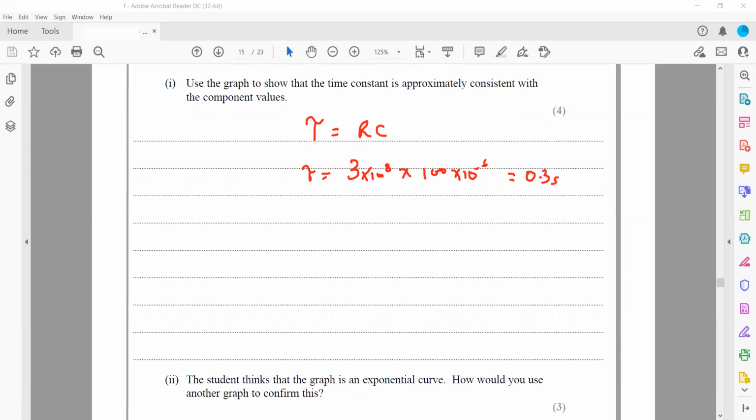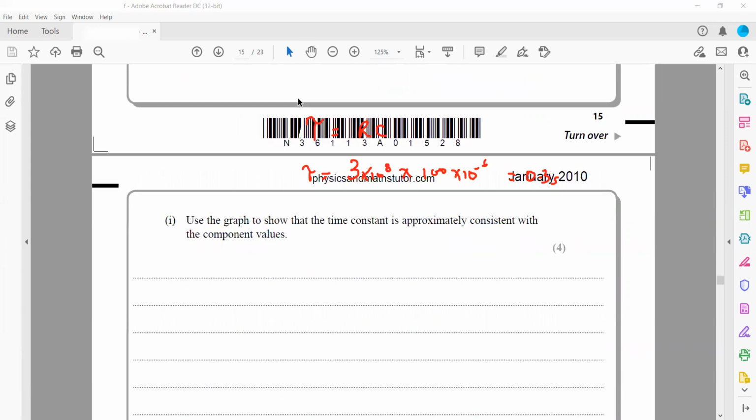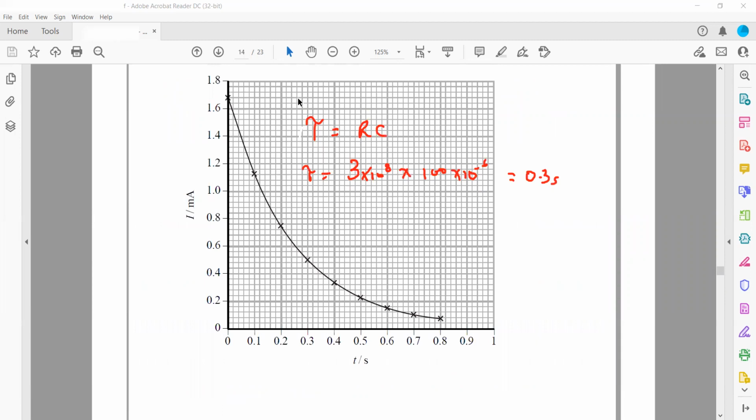So now we have to check the graph, like it should change to 37% of its original value. So what is the original value?